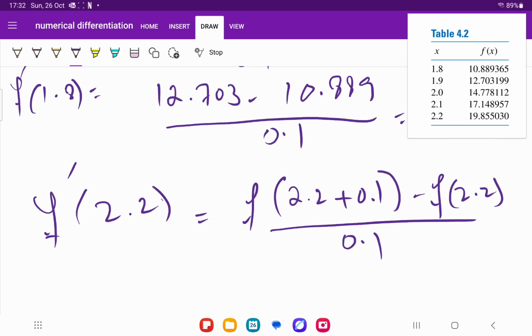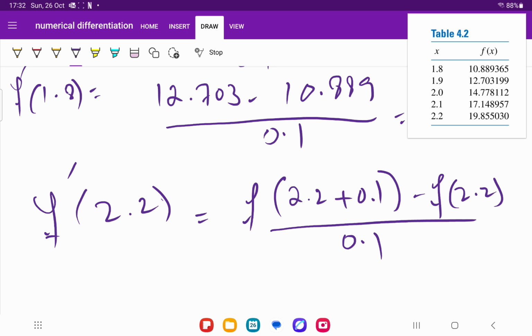Here is a critical point to be considered. For example, we are getting f of 2.3, and we could not find f of 2.3 in the table. So what is to be done?